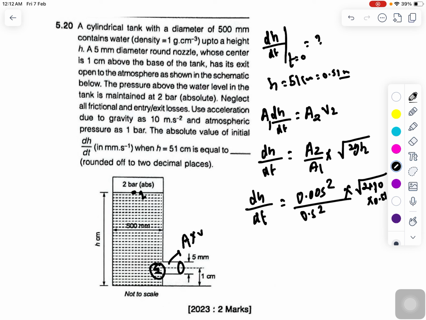So 0.51 multiplied with 20 under the root, multiplied with 0.005 whole square and divided by 0.5 whole square, and you are supposed to calculate in millimeters, so multiplied with 1000.